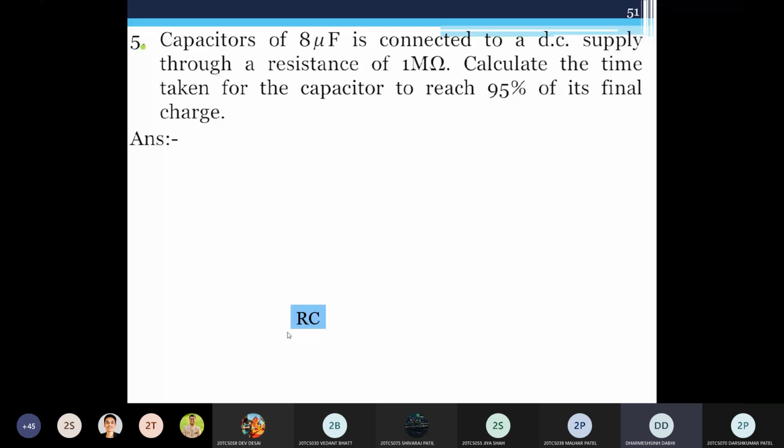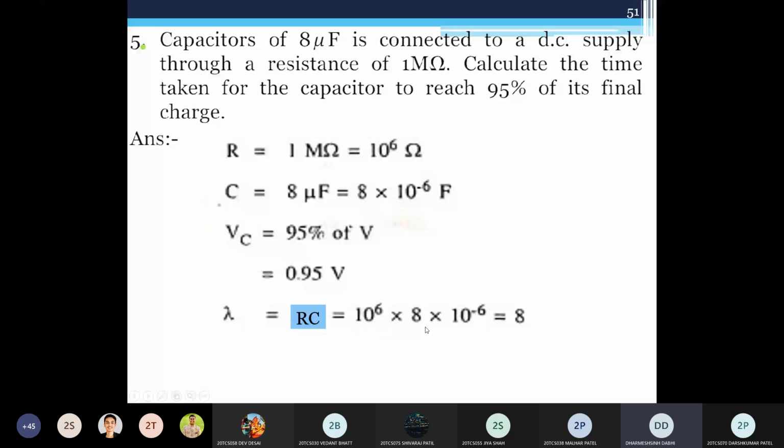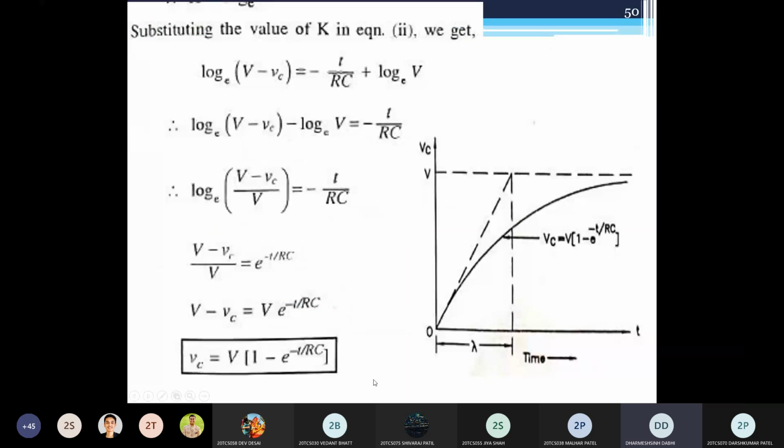And here R and C are given. R is 1 megaohm, C is 8 microfarad. So you get the charging time constant lambda as 8. You can see it here in this derivation. Put this value of the charging time constant in the equation of voltage across the capacitor: VC is equal to V into 1 minus e raised to minus t upon RC.